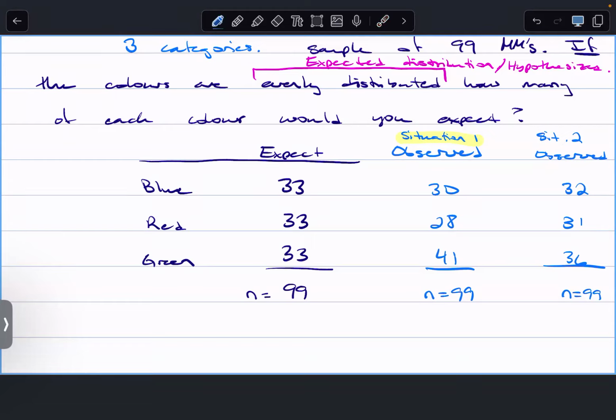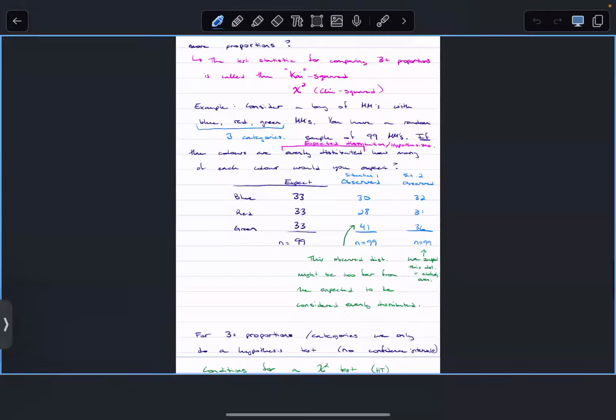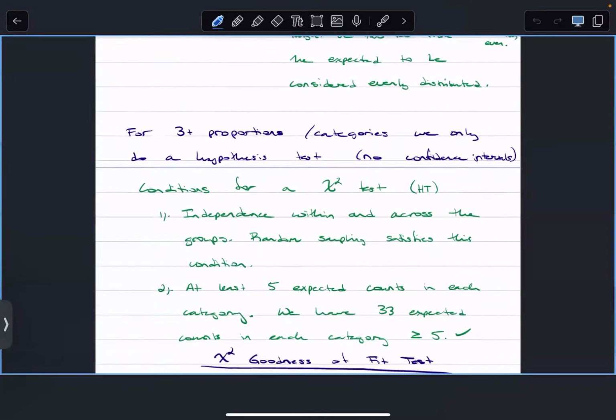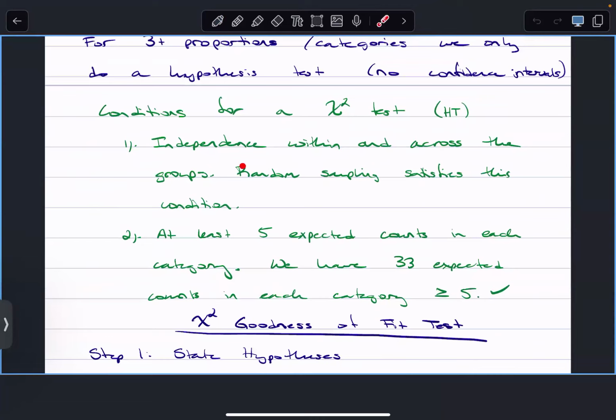Okay, so then we said there were some conditions that we talked about, but I'll mention them here. We have to have independence within and across each of these groups. So the M&Ms have to be independent of each other. And if we're randomly sampling, then we can assume that that's true.